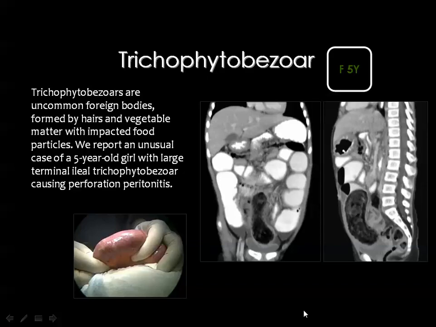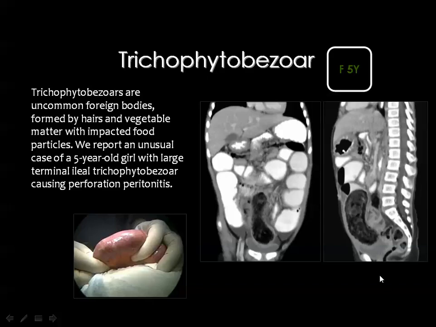Then the bezoar is very common actually in the stomach, but may reach the small bowel, and the trichobezoar or the phytobezoar are foreign bodies made of either hair or some of the vegetables that are not easily digestible, and they can be impacted anywhere in the gastrointestinal tract, especially in the stomach.